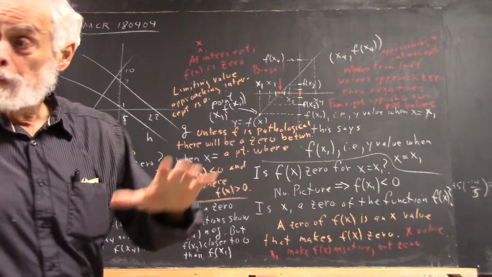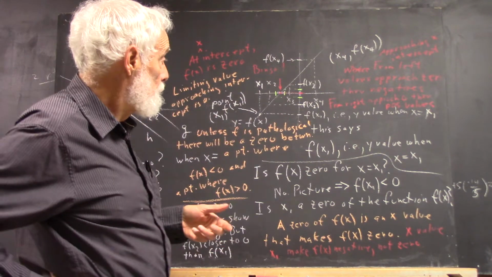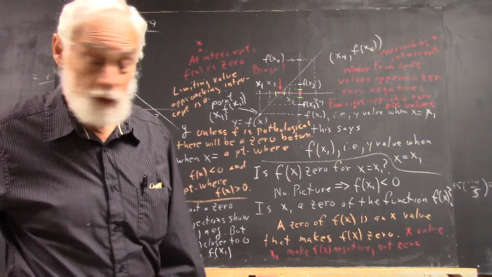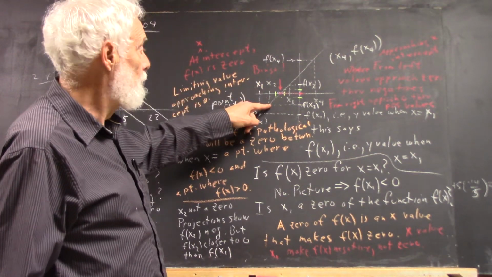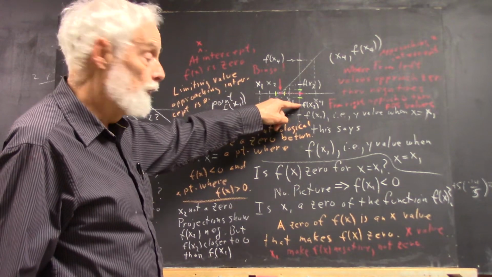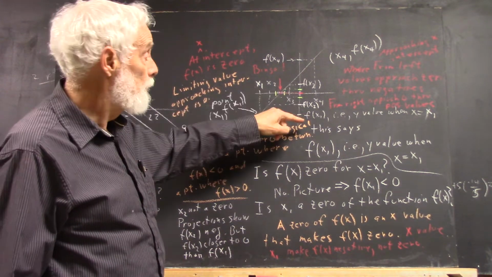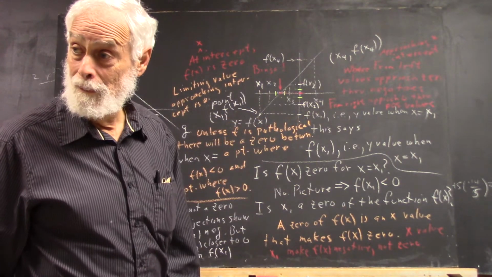so then I asked people to sketch their own graph and show me f of x2, f of x3, and f of x4. Okay, well, long story short, x2 is here, that's the point x2, f of x2, and there's the value f of x2. It's still negative, right? But it's closer to 0 than f of x1, right?